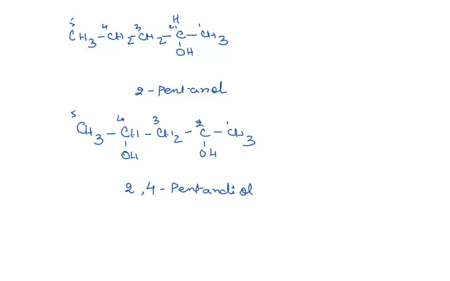Likewise, what else can we take? We can write hexanol, that is with 6 carbon atoms, or I can also write isopropanol, that is if I am branching this chain.